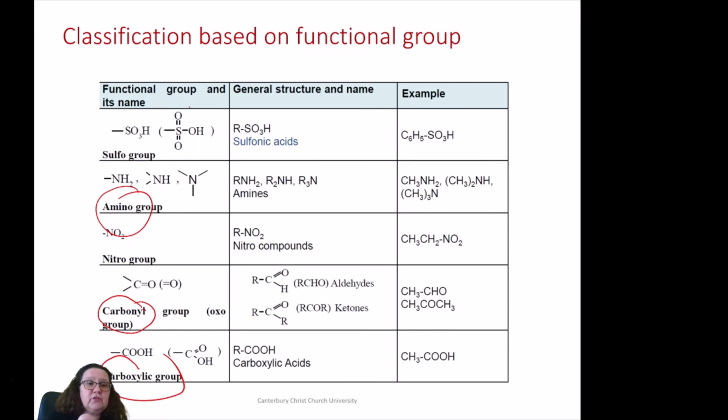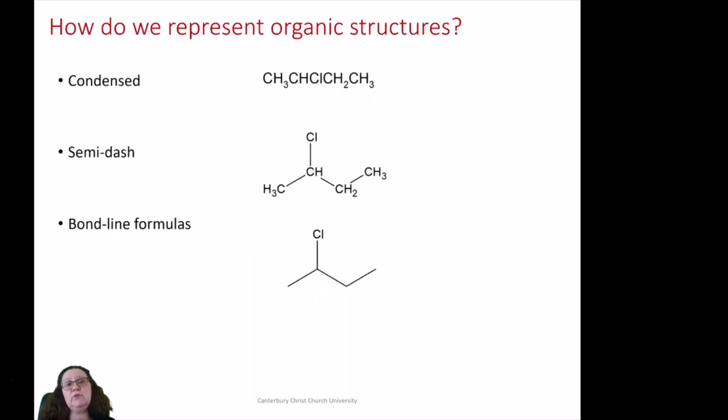For example, the sulfonic acid group, which you will see in future years can be used as a protective group in synthetic chemistry. Or, for example, the nitro group and the nitro compounds. We will study in future years the use of nitro compounds and nitro groups as good intermediates in reactions. Again, something that hopefully will sound familiar.